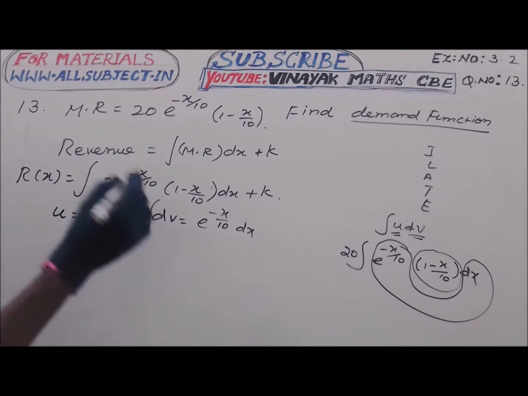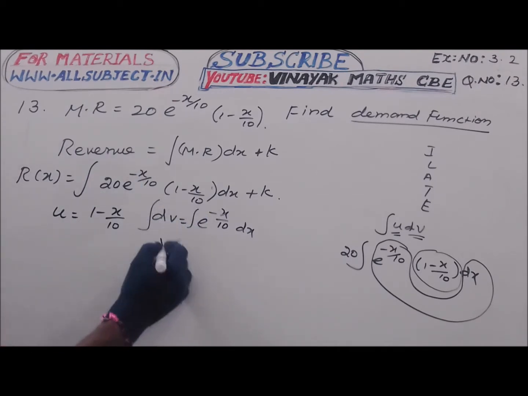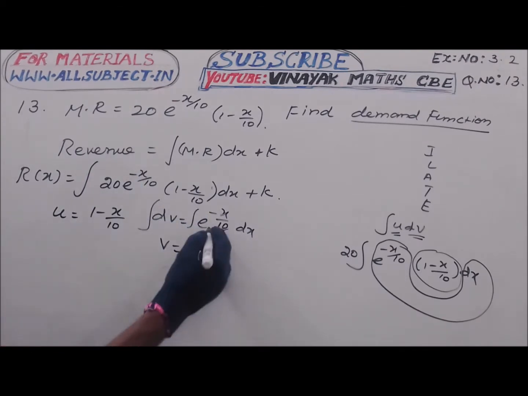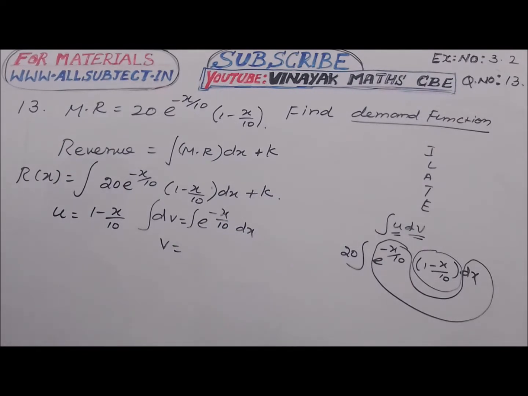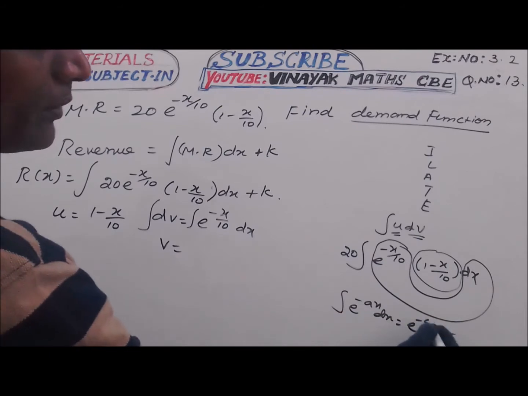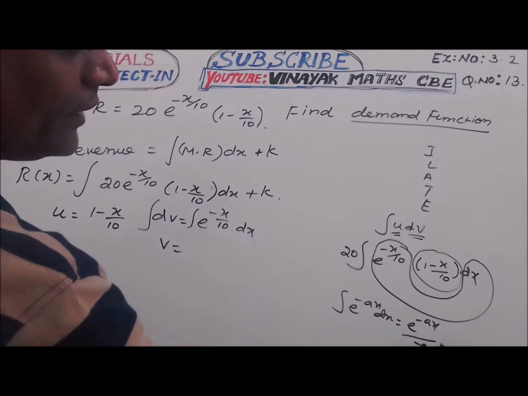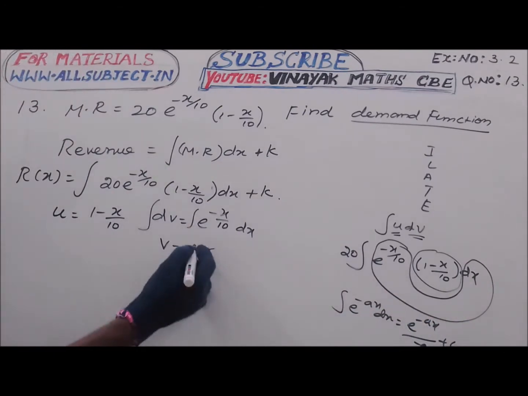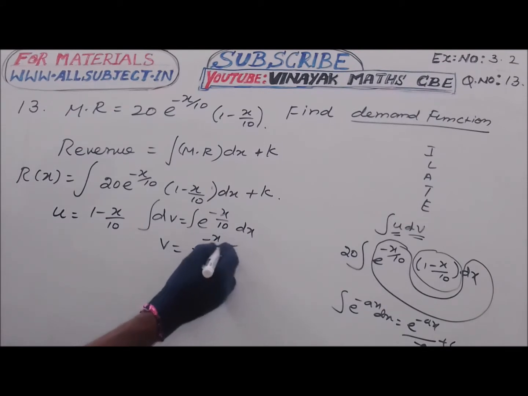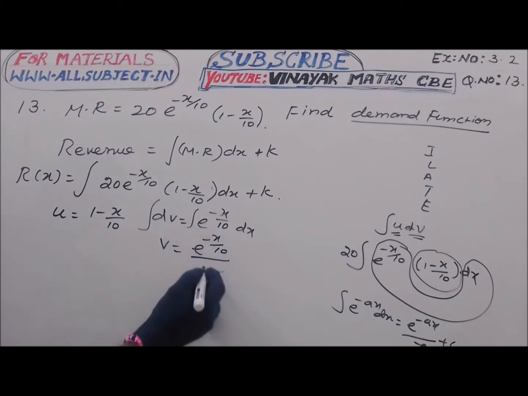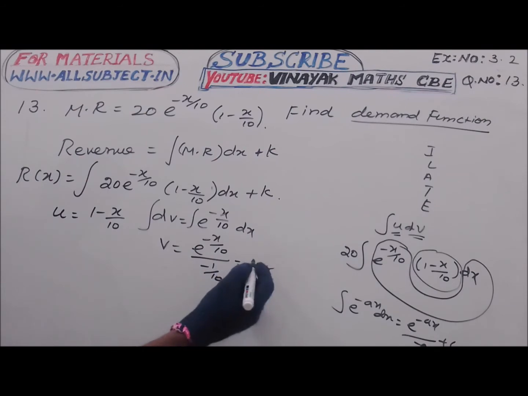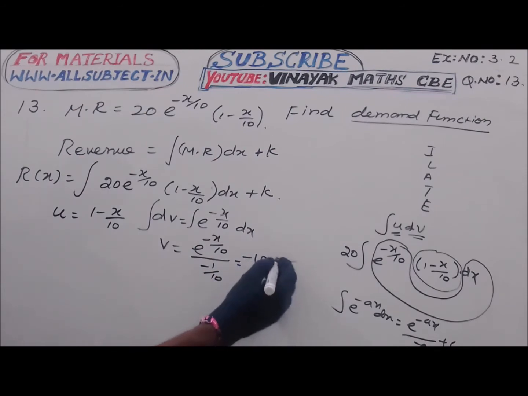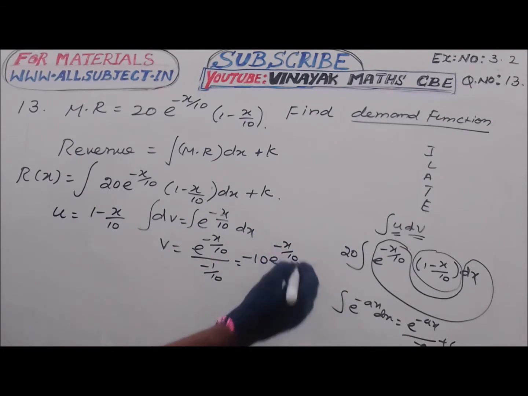Now integrating dv, we get v. The integral of e power minus ax dx is e power minus ax divided by minus a plus c. By use of it, e power minus x by 10 divided by minus 1 by 10 equals minus 10 e to the power minus x by 10.